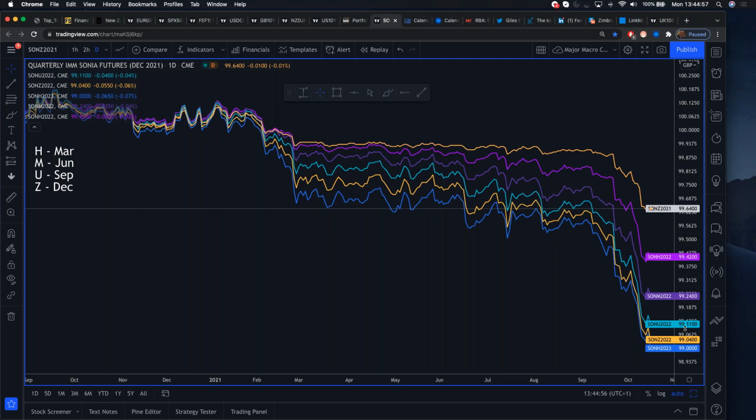So you just add that to it, 99.21, then you subtract that from 100. So that's like 0.78% interest rate hikes expected by September of next year. And in the December contract, you've got, heading up towards 1%, 100 basis points of interest rate hikes.